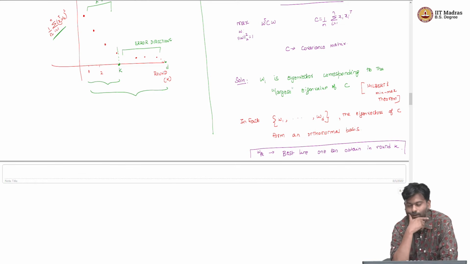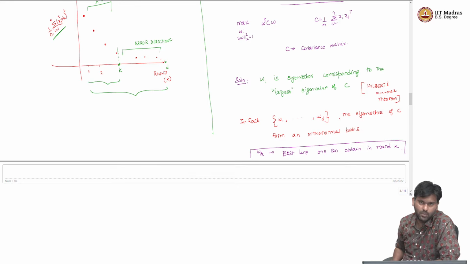This is again a conclusion you can derive from Hilbert's min-max theorem: if you try to maximize this same quantity, where you want W to be norm 1 but orthogonal to an already existing subspace, and that subspace is formed by the top k minus 1 eigenvectors, then Wk would be the kth eigenvector.